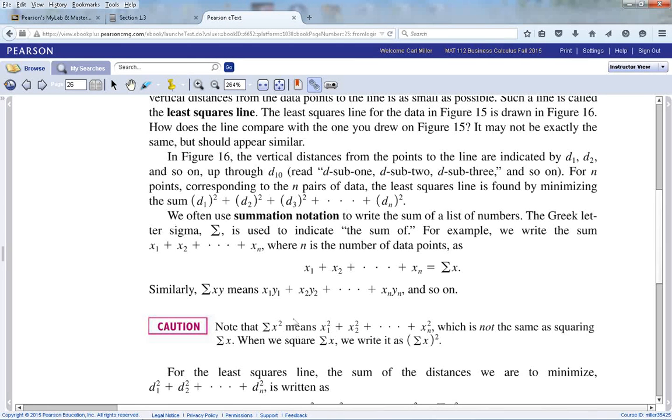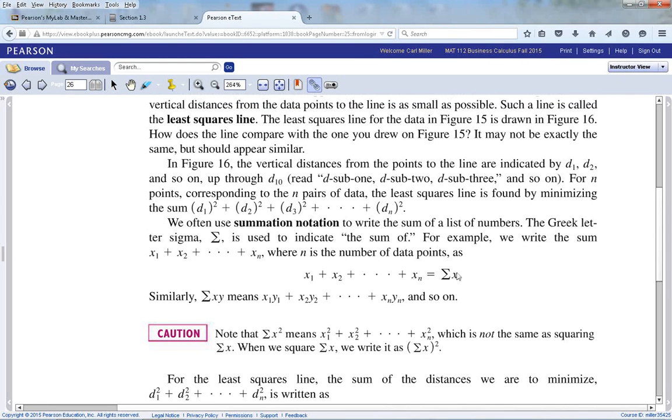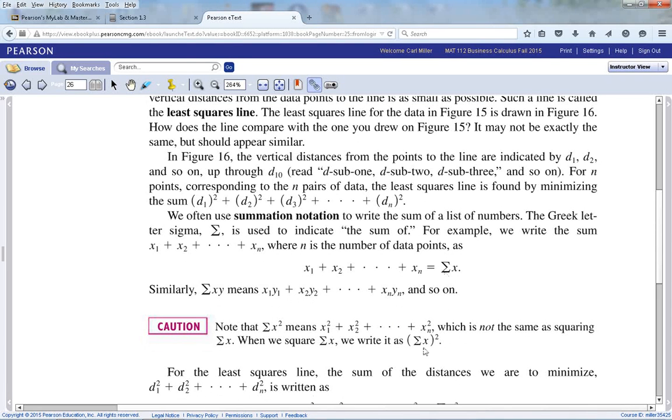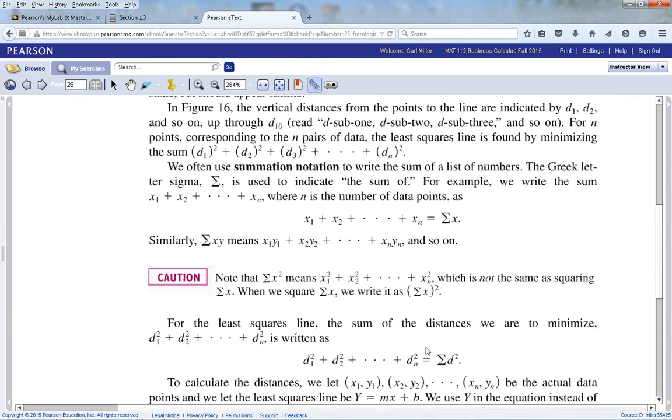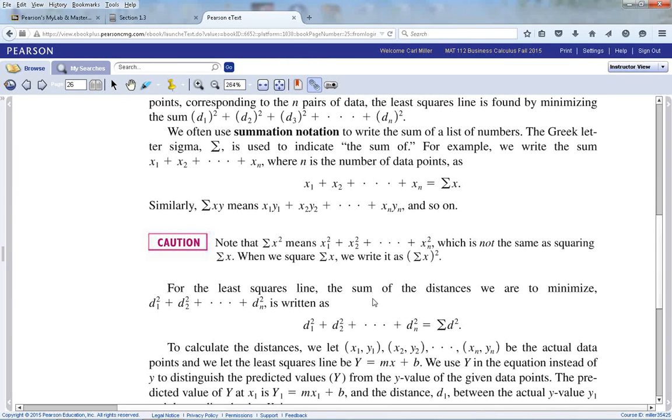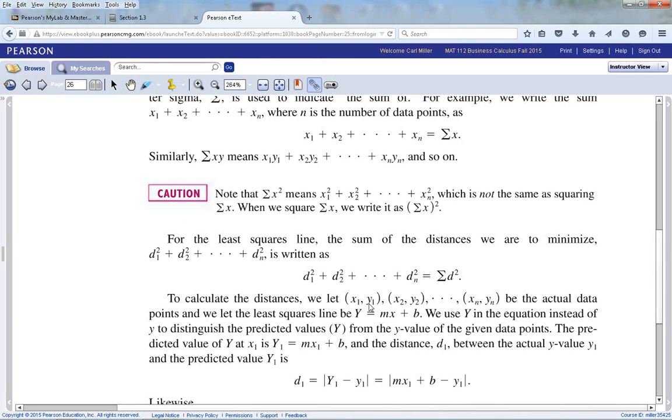If we wanted to just take the sum of the x's like we had up here and then raise that sum, the final result, to the second power, we're going to have to put that in parentheses to distinguish it from the sum x squared versus parentheses sum of x, close parenthesis, squared notation. So for the least squares line, we can actually write this as the sum of d squared. Now to calculate the distances, we have the data points, x1, y1, x2, y2, and so on.